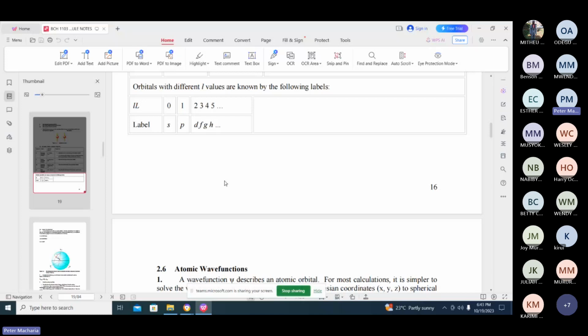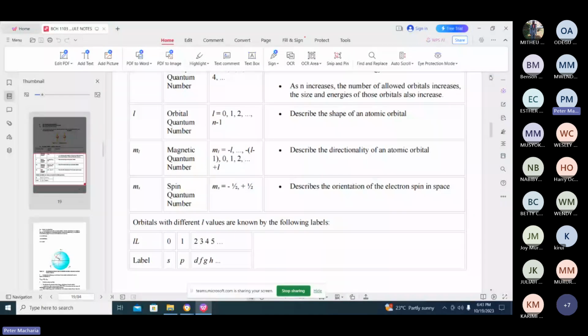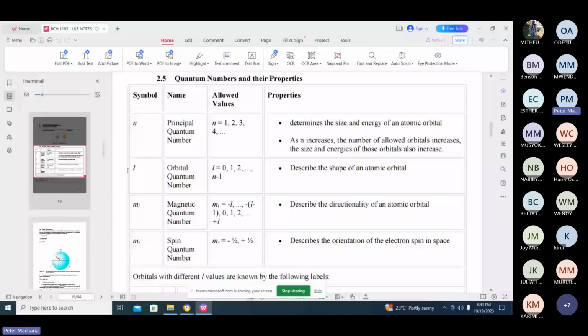You can have others, G and H, but on ground levels, usually we go up to F. So as you can see here on my table, those sub-levels are described by the letter L, and they take the numbers 0, 1, 2 upwards, where 0 represents S, 1 represents P, 2 represents D, 3 represents F. Just like the way we say S, P, D, F, you start from 0, 1, 2, 3.